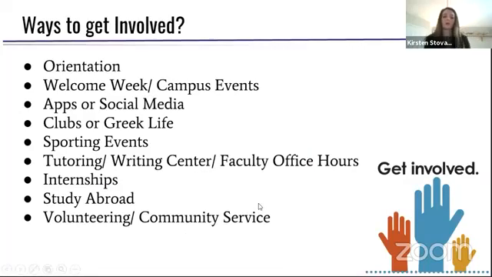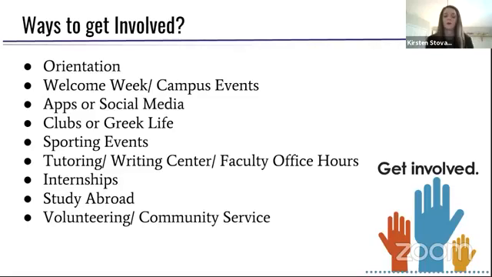All right, so again, what are some ways you can get involved? Orientation. A lot of you, especially if you're a college freshman or beyond, have probably been to an orientation of some sort. A lot of times there's a welcome week or campus events. This is probably going to look different with COVID, and we're going to talk about that in a few slides, but traditionally those are ways to get involved. Social media or apps are also ways to follow clubs.